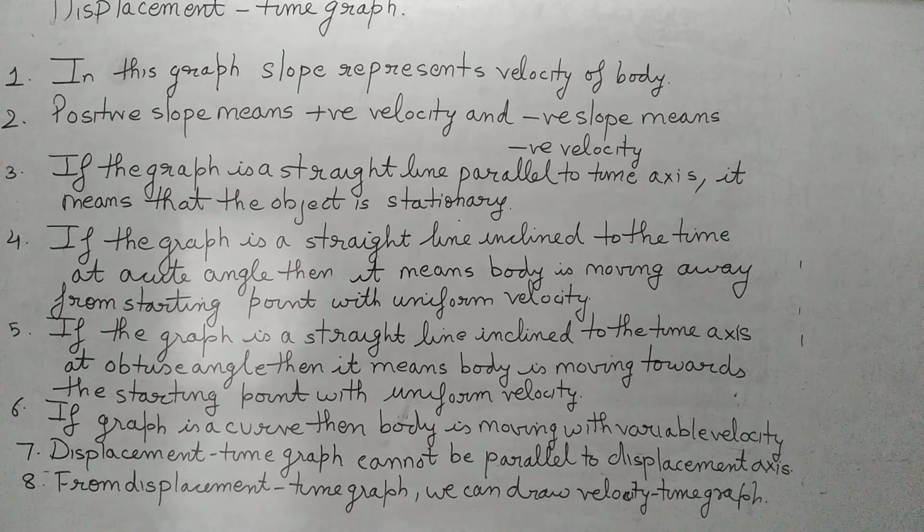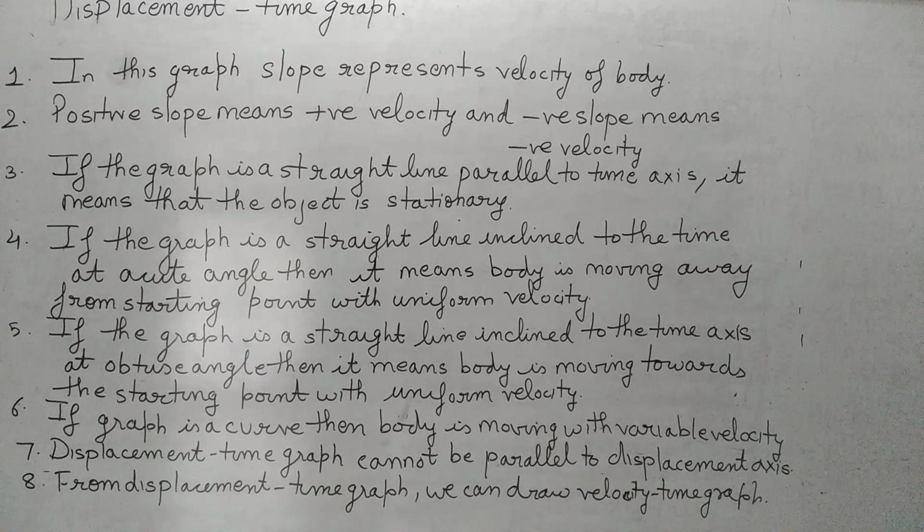Third, if the displacement time graph is a straight line parallel to time axis, it means that the object is stationary. Fourth, if the graph is a straight line inclined to the time axis at acute angle, then it means the body is moving away from starting point with uniform velocity.